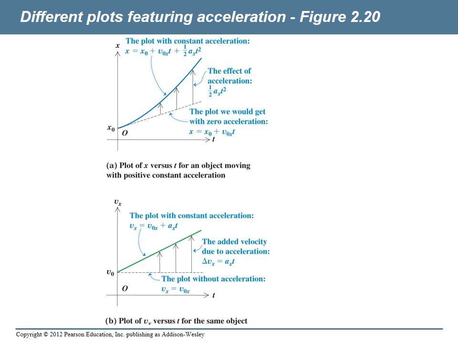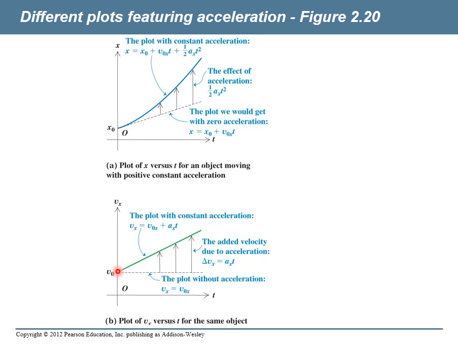If we change this around, here we had position versus time, here we have velocity versus time. So this graph shows a graphical representation of the equation Vx is equal to V naught x plus axt. Velocity is equal to starting velocity plus acceleration times time.